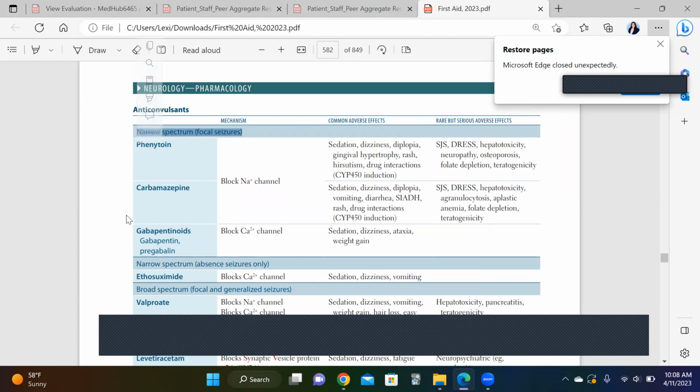Okay. The narrow spectrum focal seizure medications. So, Janelle, take me through what we would need a narrow spectrum anticonvulsant for. Well, if it's a focal seizure. Sure. So what would a focal seizure look like on a question stem?